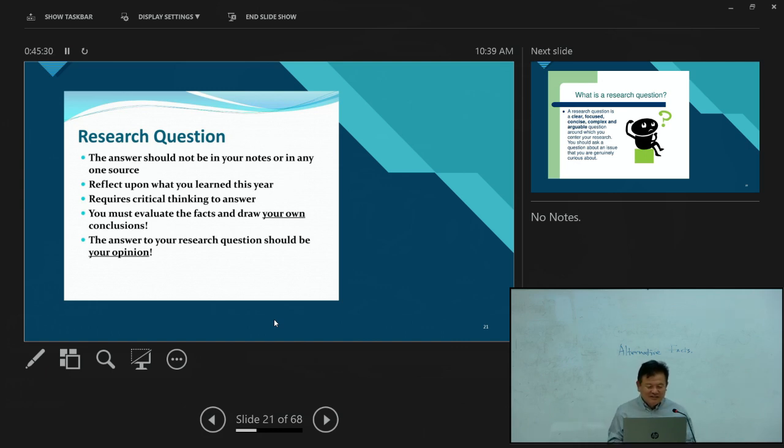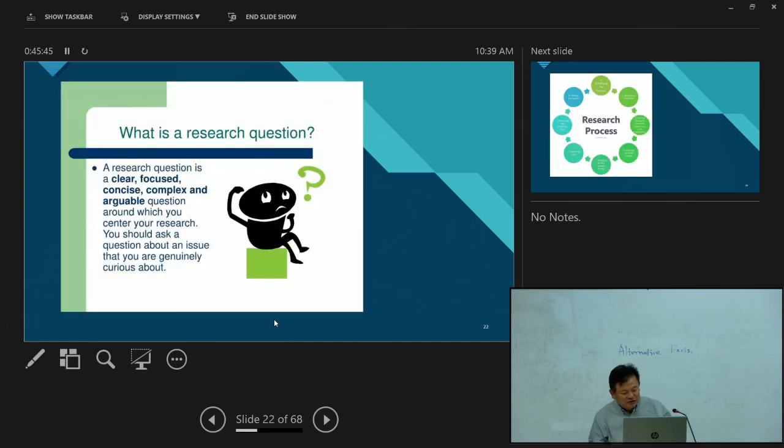Anyway, when you are doing the questionnaire and research question, you must evaluate the facts only. That's a very interesting and important thing for research questions. Another definition is shown in these pictures.